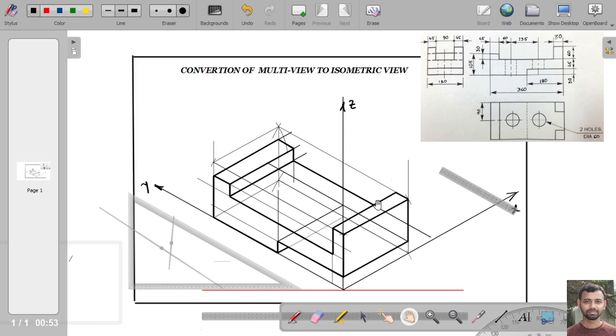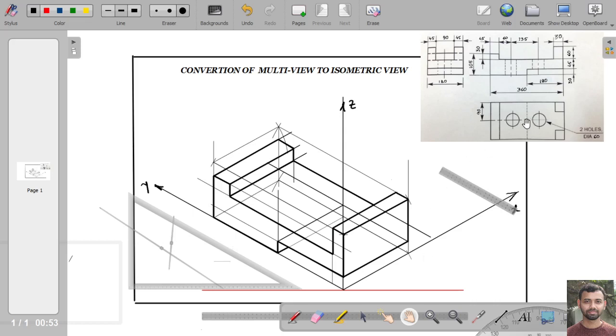Okay, so we have to keep that in our mind. Acha. The other lines, all these thin lines, are called construction lines, and all these thick lines are called outlines, in an isometric view.